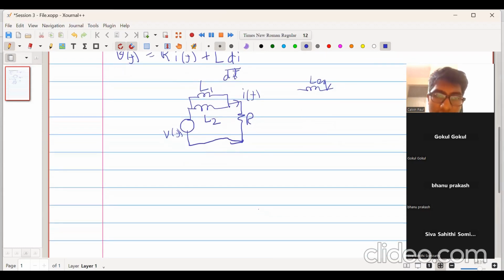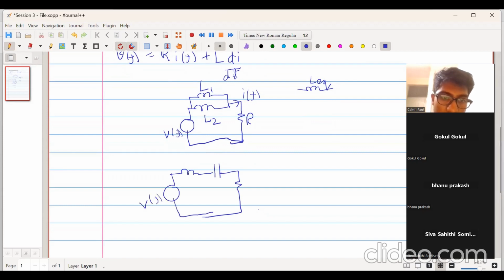Now let's also consider a circuit with an inductor, a capacitor, and a resistor. What will be the differential equation here?